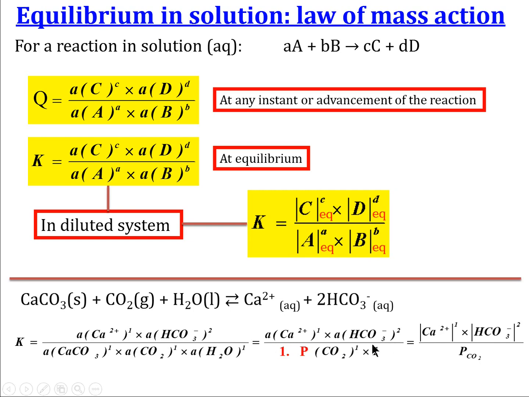So the activity of Ca2+ is the concentration of Ca2+. The activity of HCO3- is the concentration of HCO3-, since Ca2+ and HCO3- are aqueous ions, divided by the pressure of CO2 to the power 1.